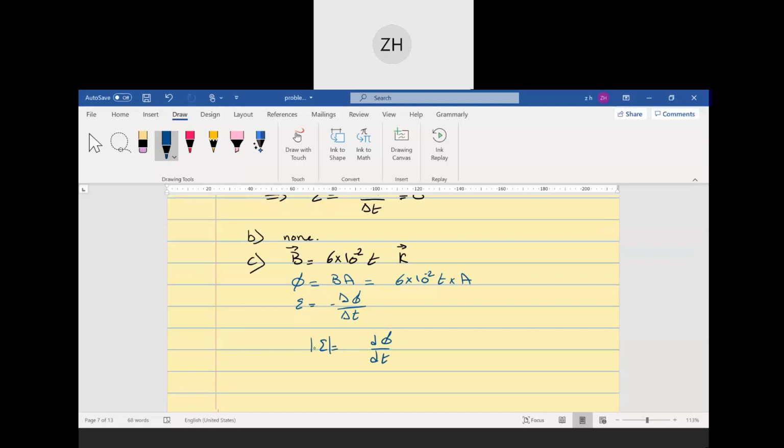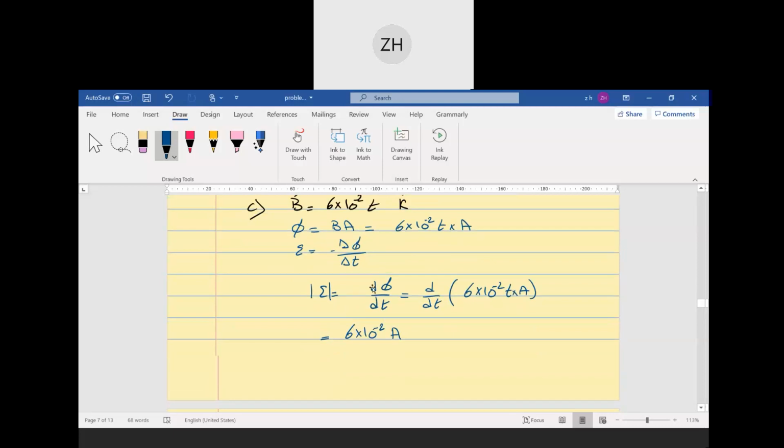Now we want to differentiate the expression of phi. This will be 6 times 10 power minus 2. The area is independent of time, so I can take it outside the derivative, and this is just dt by dt. So this is the expression for the induced electromotive force.